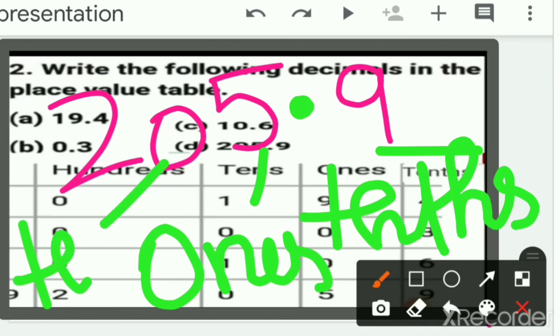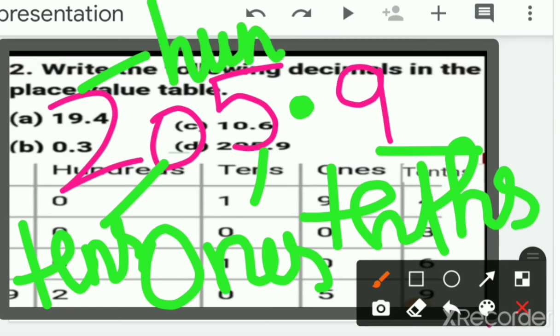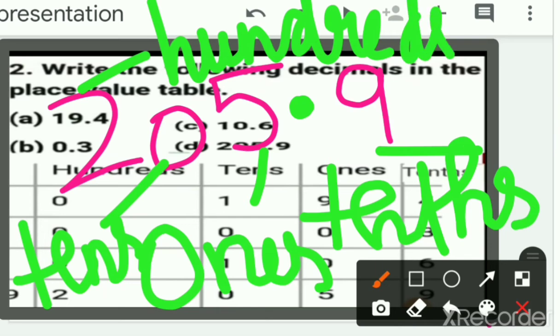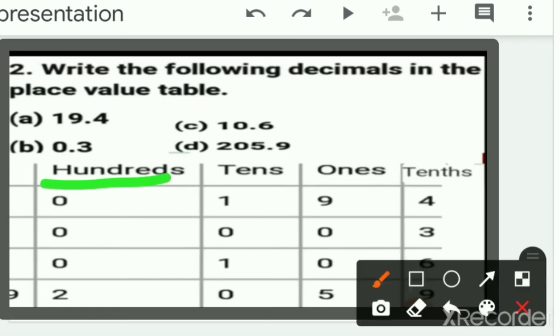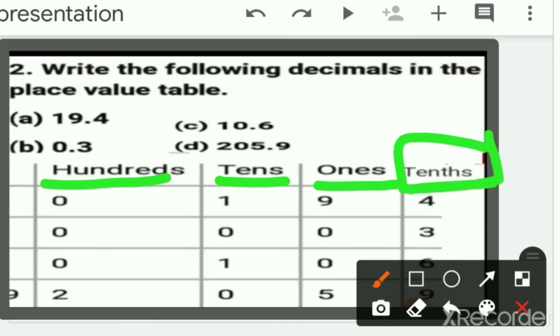This is the tens place. Which place is this? Hundreds place. Okay. So that only is given to you here. This is the hundreds place, this is the tens place, this is the ones place, and this is the tenths place.